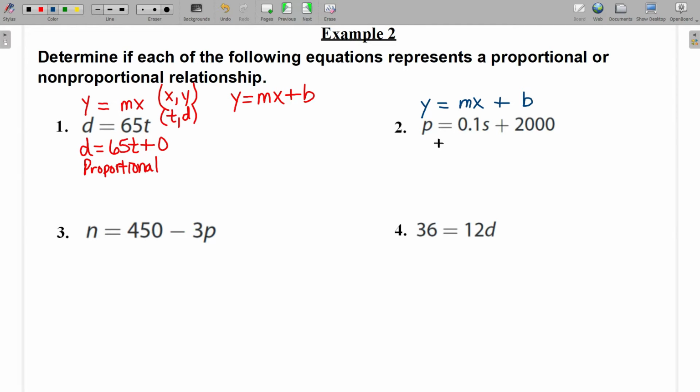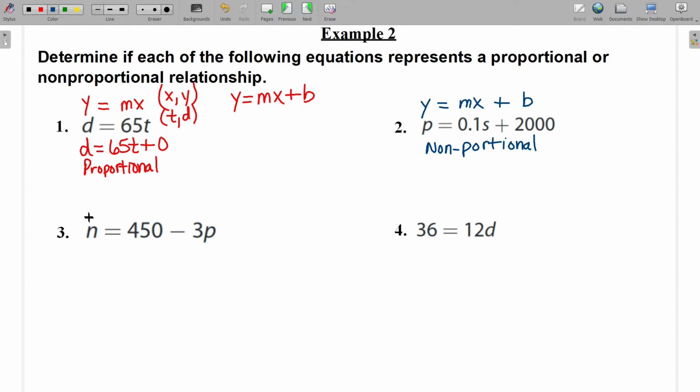And so what we can say is that this is also going to be linear, but it is going to be non-proportional because of this b value here, this y-intercept. We see that this line is actually crossing the y-axis at y equals 2000. So it doesn't cross through the origin, so this is going to be a linear non-proportional relationship.